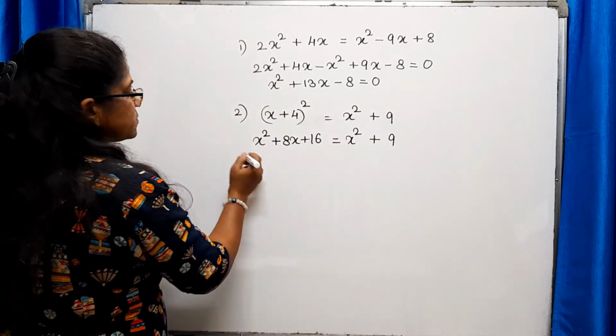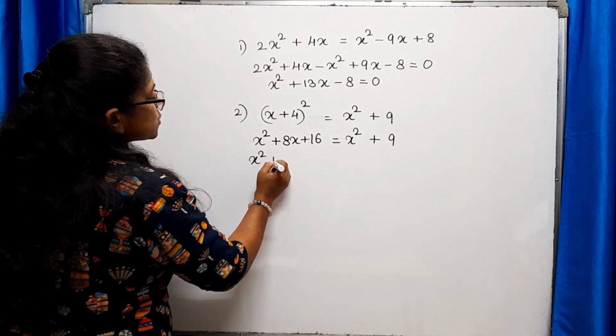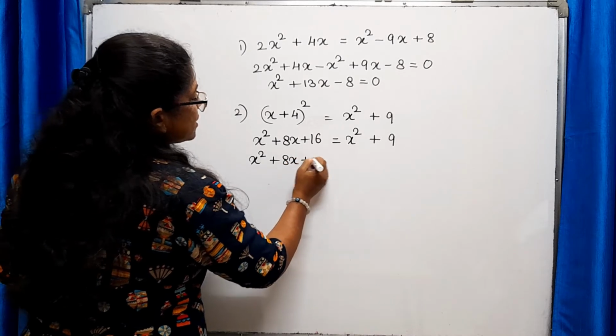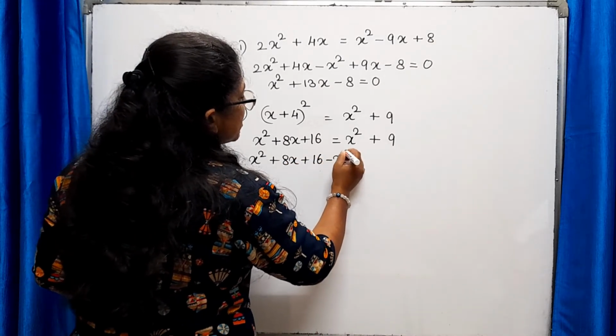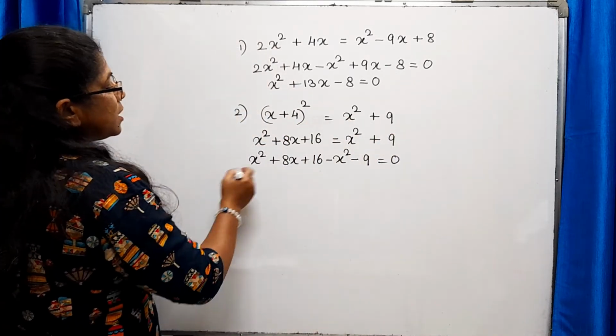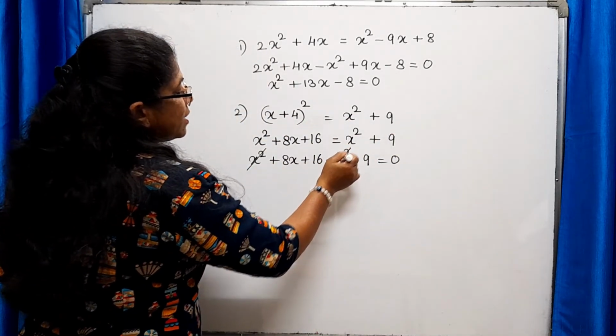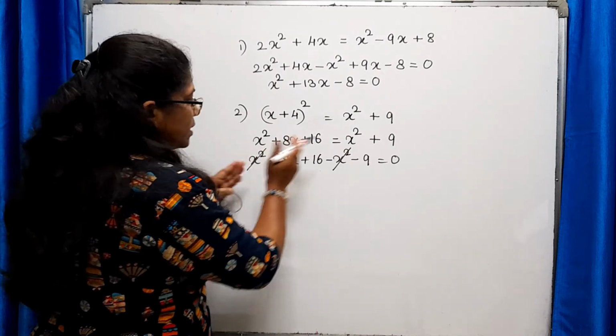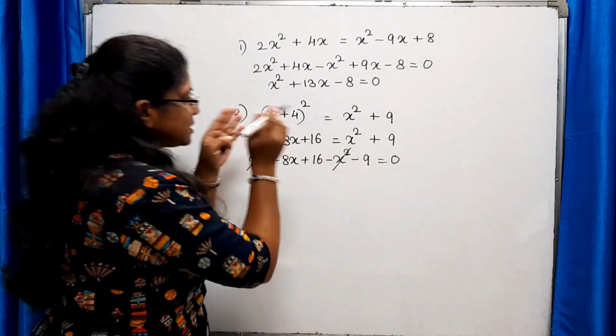Let us bring all the terms on LHS. X square plus 8x plus 16 minus x square minus 9 is equal to 0. Here x square and minus x square, it gets cancelled.